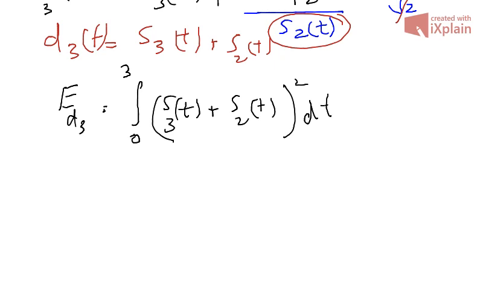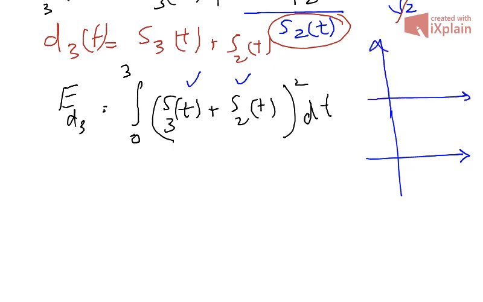So it's the summation of S3 and S2. If you sum S3 with S2 of t, let me graphically draw it. I'm adding these two graphically. Let me draw these signals and then I'll add them.